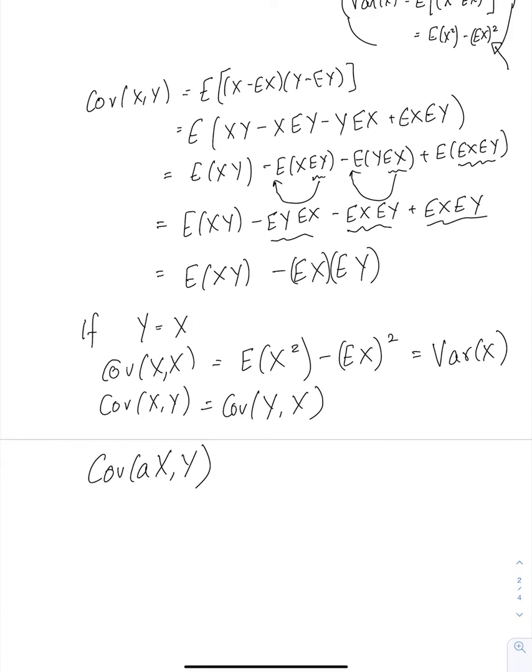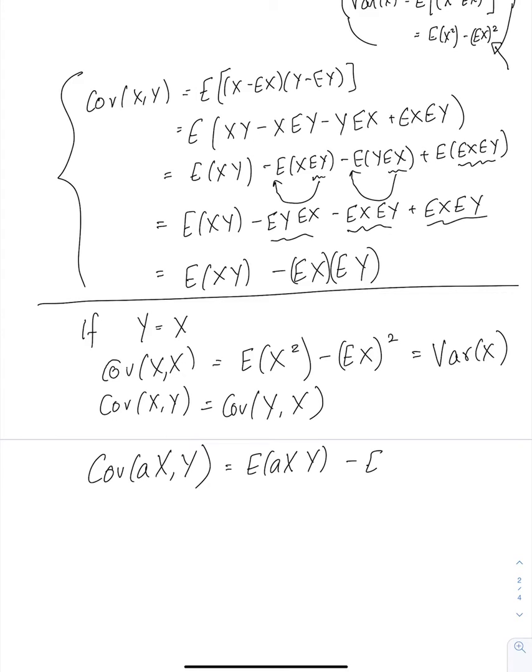You don't have to use that, you can just use the formula. This will be the expectation of ax times y minus the expectation of ax times the expectation of y. Just working it out, this is just going to be a times the covariance of x times y. Okay?